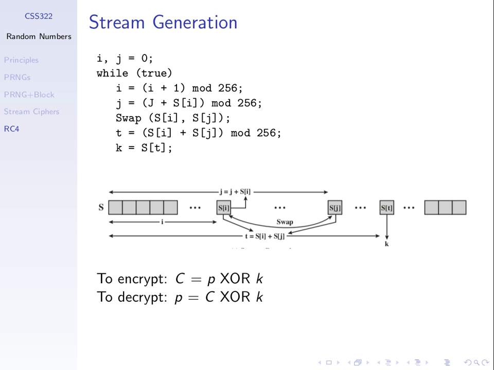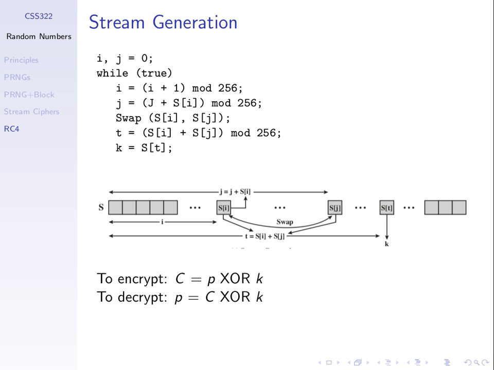T equals S_i plus S_j. S_i, S1, is 4, plus S_j. J is 3, S3 is 3.